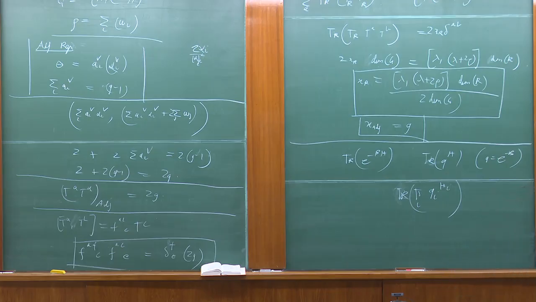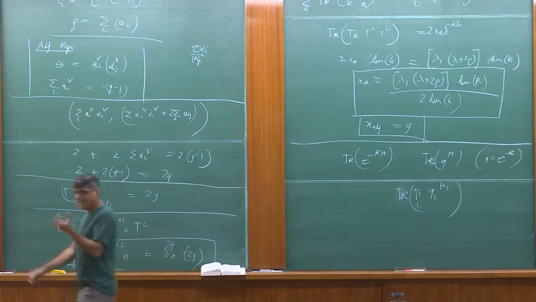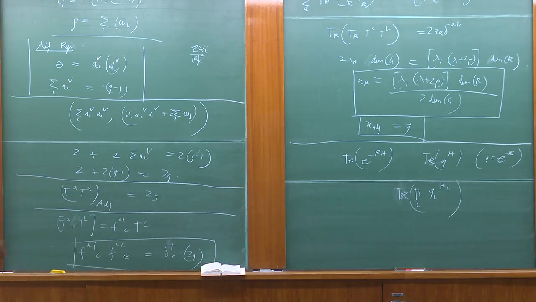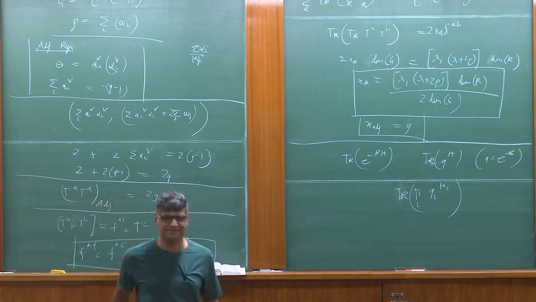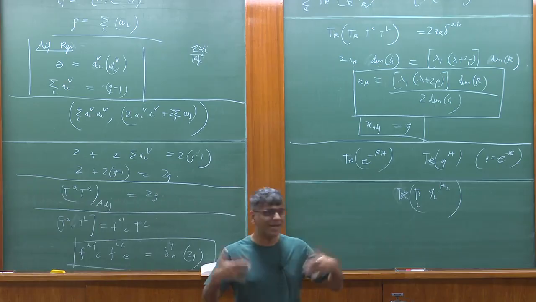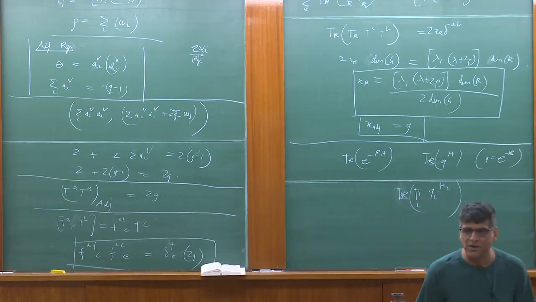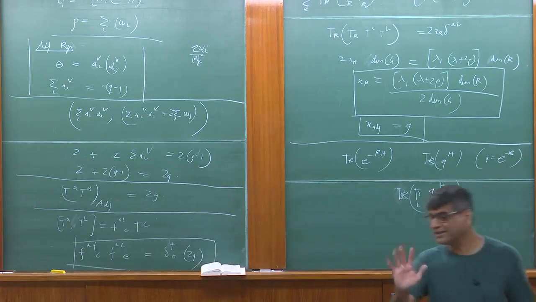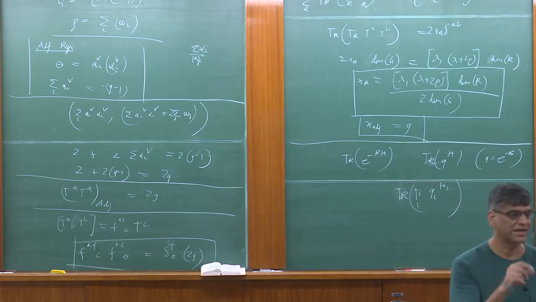Now, this thing looks like a slightly formal object, but there is another way of thinking of it, which is this. You see, these Hi's were infinitesimal deviations from 1 of a group element. So when we exponentiate Hi's, and if we want to think of these guys as Hermitian operators, we'll exponentiate them with an i.